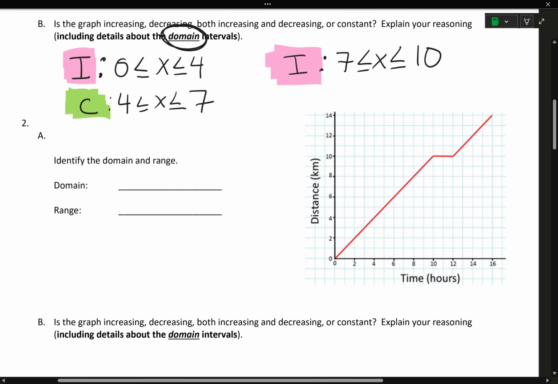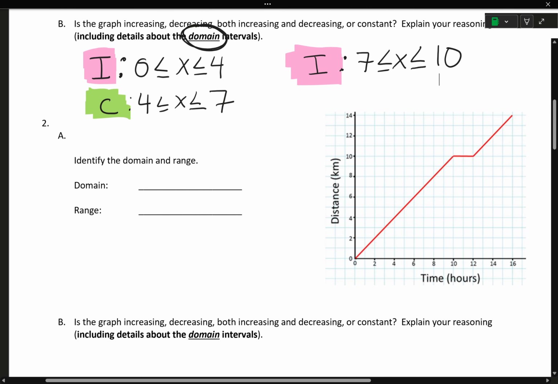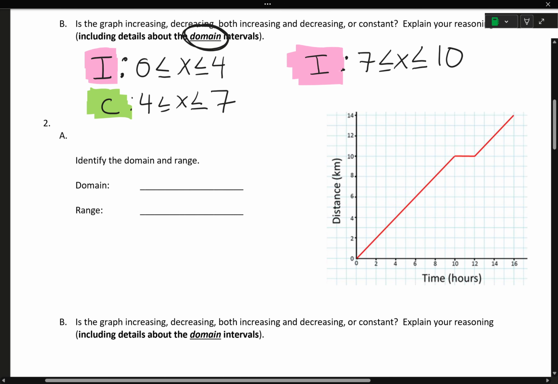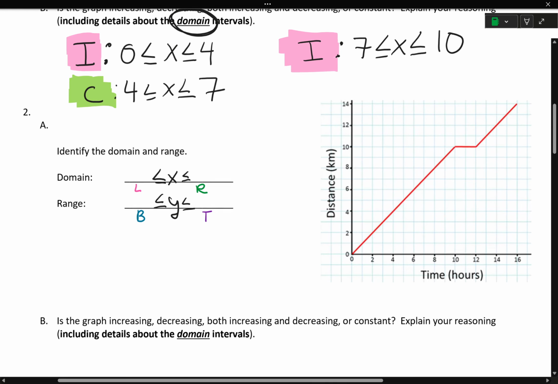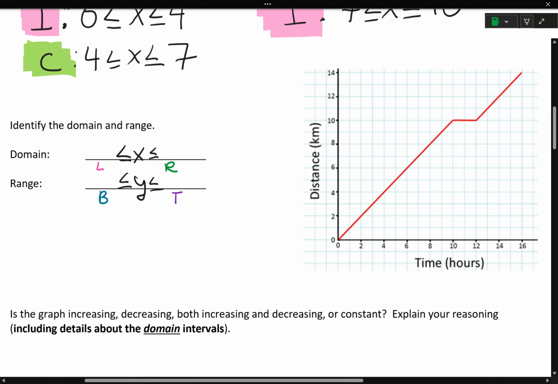Let's try that one more time with number 2. First, I'm going to write down that my domain and range are x's and y's. I like to fill that in first. X, y, and our inequality symbols. X goes from left to right, and y for our range goes from bottom to top. Let's check it out. Let me zoom in a little bit. Okay.